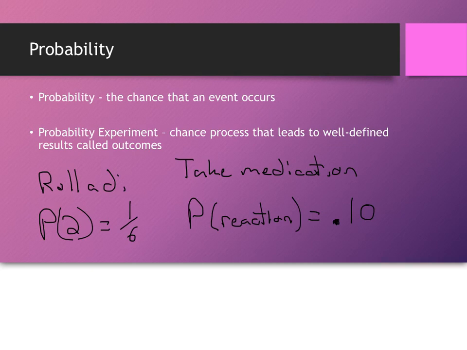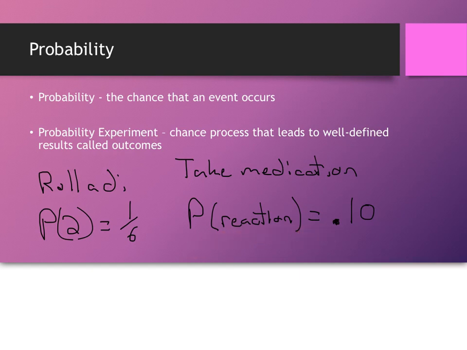I want you to notice something about this sort of experiment. You could get the probability of having a reaction by doing an experiment. So you give your medication to 1,000 people, and 100 of them have a reaction. So 100 out of 1,000, we get the probability of having a reaction is 10%.